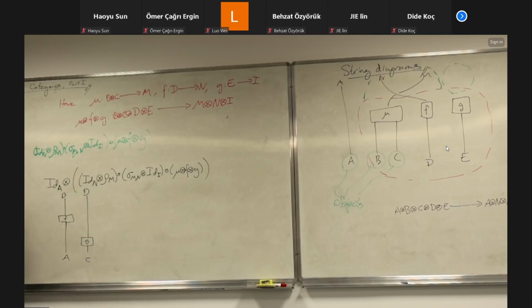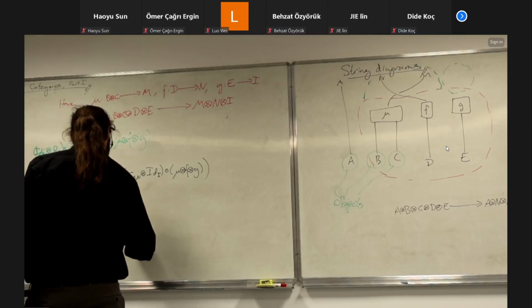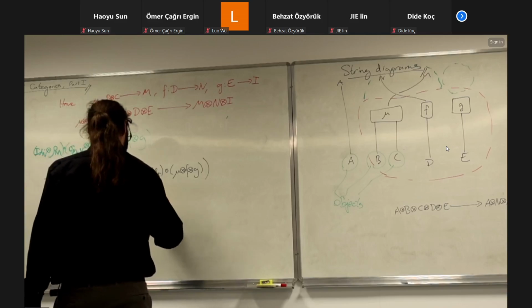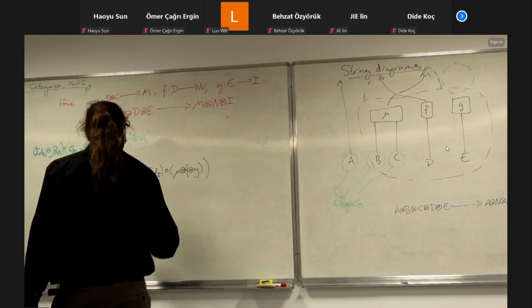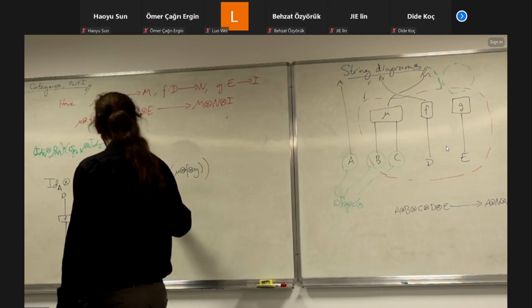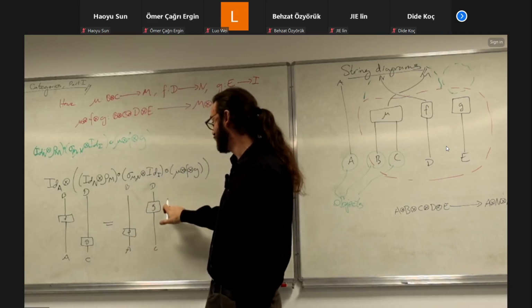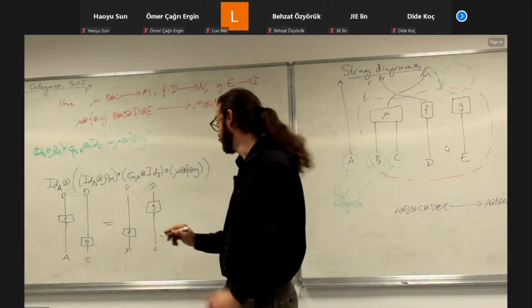Or we can redraw our diagram, and we can think of this as the reverse. F times an identity on C, G times an identity on B, and then compose.